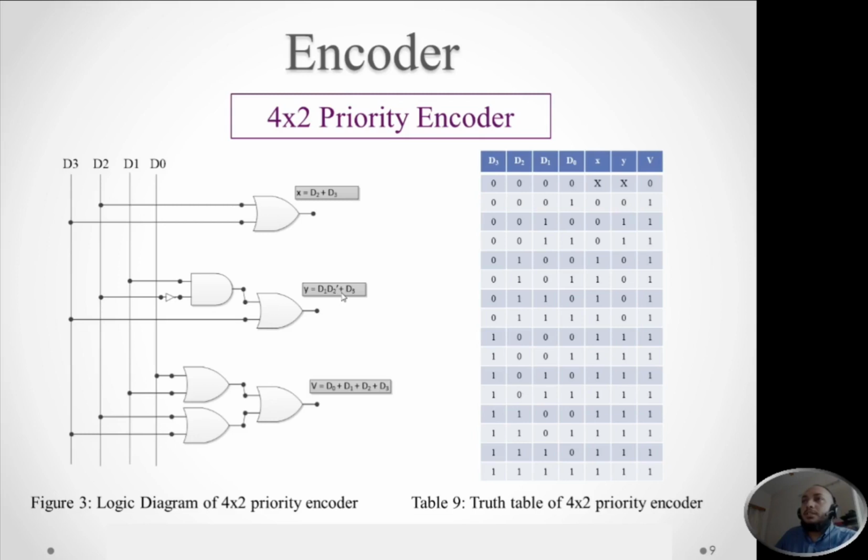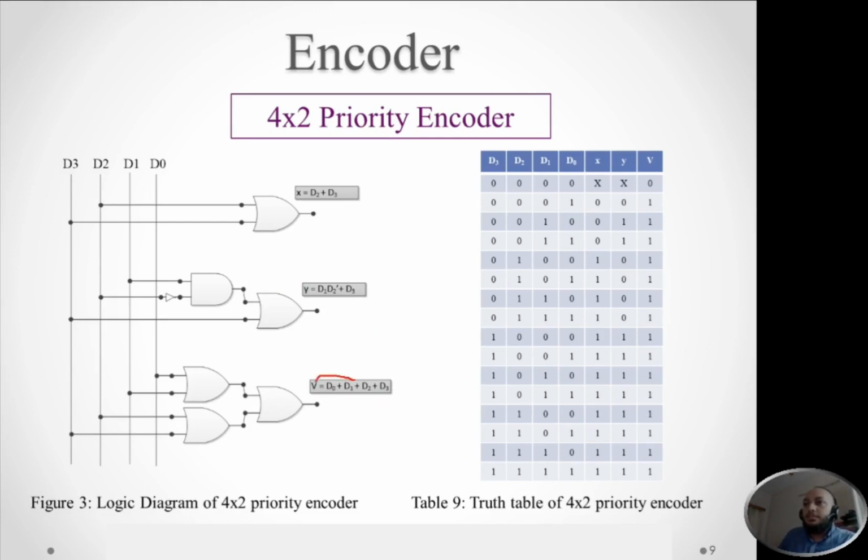Then we need an OR gate because there is a plus symbol here, so here we are getting D1 D2 prime, and here we are giving D3 to the input of the OR gate, and the output will be Y because D1 D2 prime plus D3.